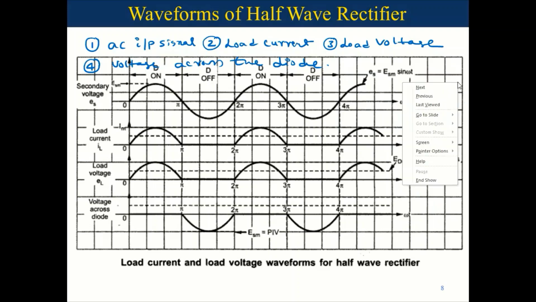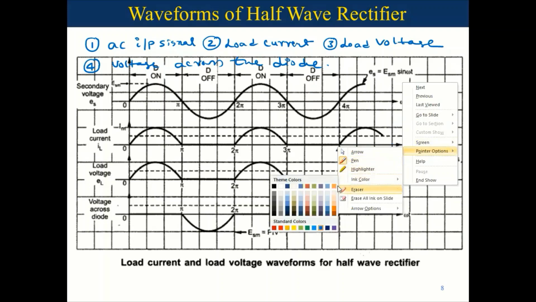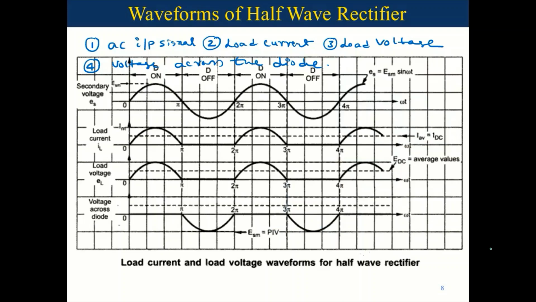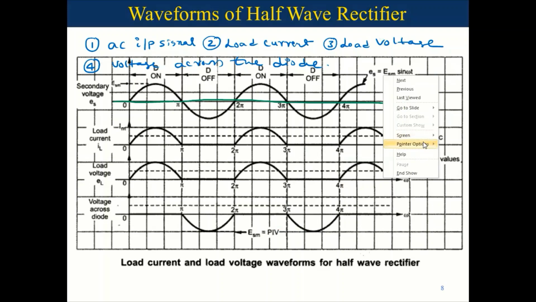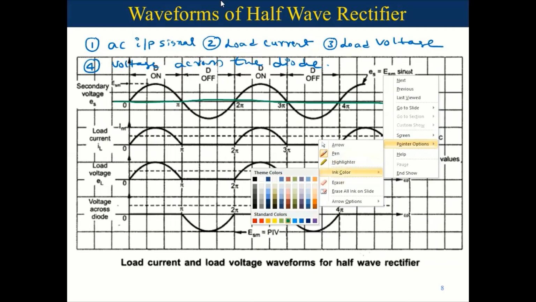First, I am trying to sketch the input AC voltage. This is the reference line for the AC input voltage. The AC input is a bidirectional signal which consists of both positive and negative.